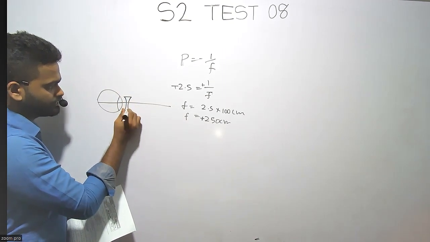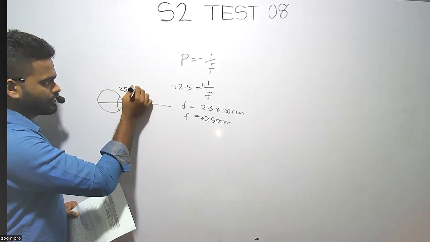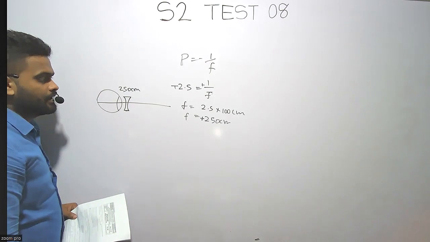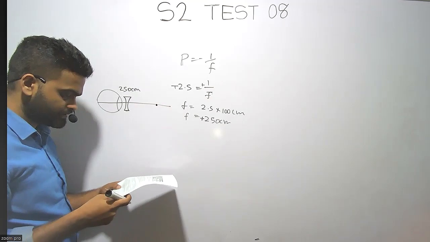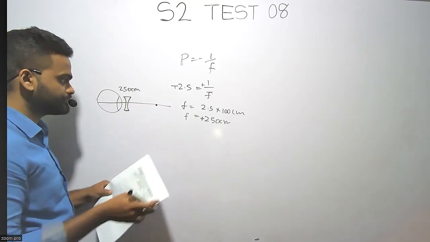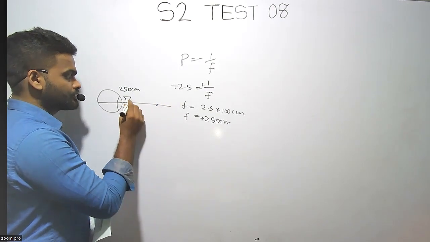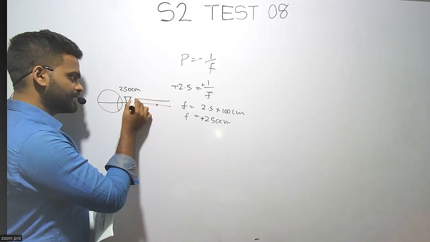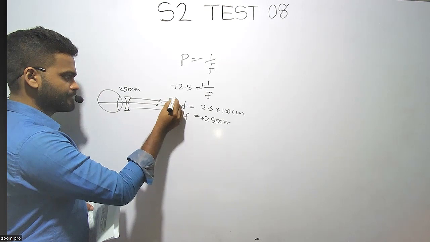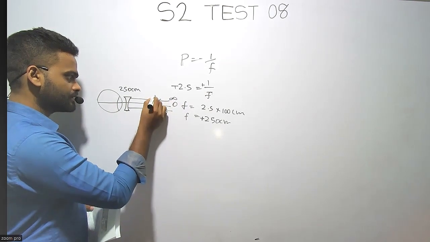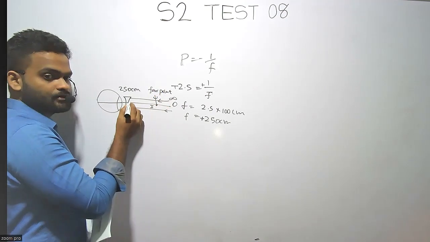Again, think about the purpose of this lens. If you have a far point, this is the furthest point he can see. So the image of objects at infinity is made at the far point. This is the far point. That is what the lens does.